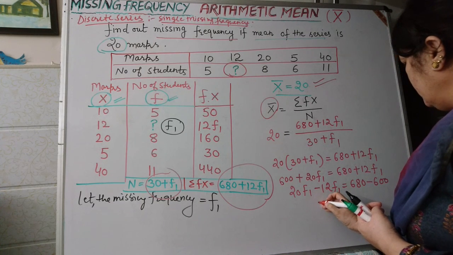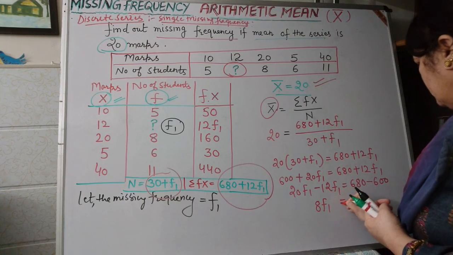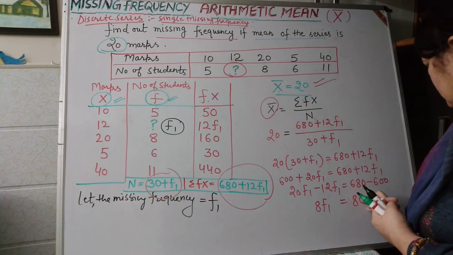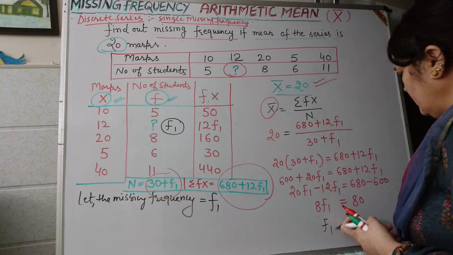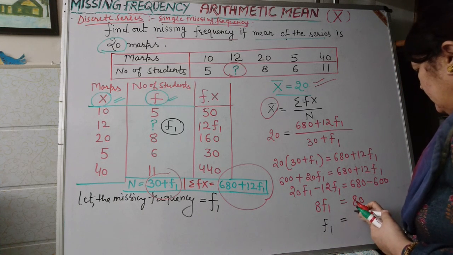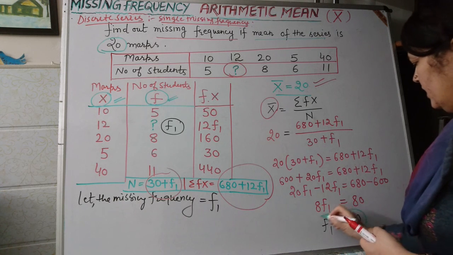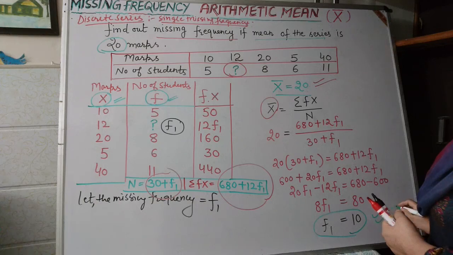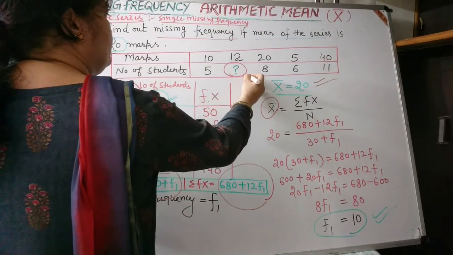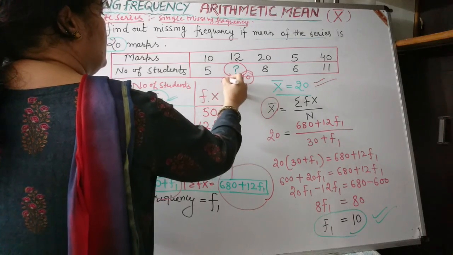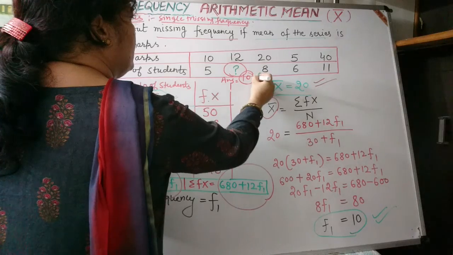So this will be equivalent to 8 f1 is equal to 80, or the value of f1 is equal to 80 divided by 8, which is 10. So we have derived the value of f1 as 10. This is the answer.